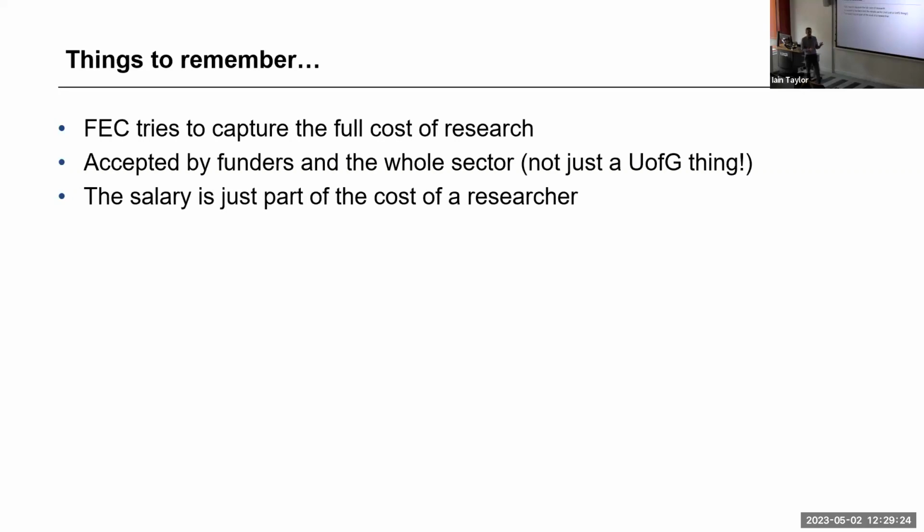There is a formal, audited methodology around it. And finally, the salary is just part of the cost of a researcher. When I've been involved in costings, people see how much a researcher costs and can't believe it. They say, well, I don't get £120,000 a year. That was one of the key things I wanted to get across.